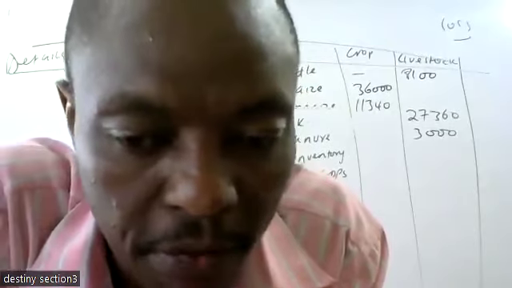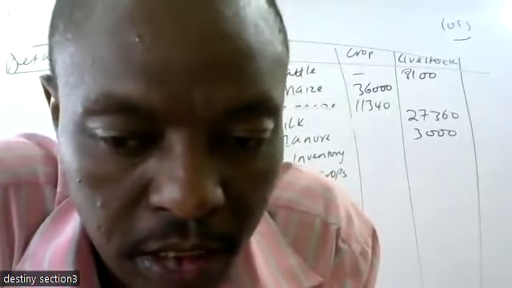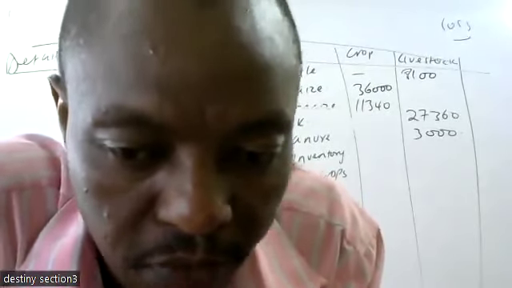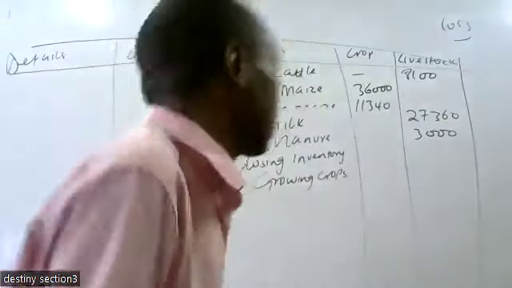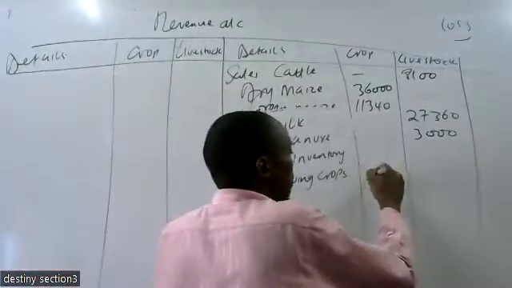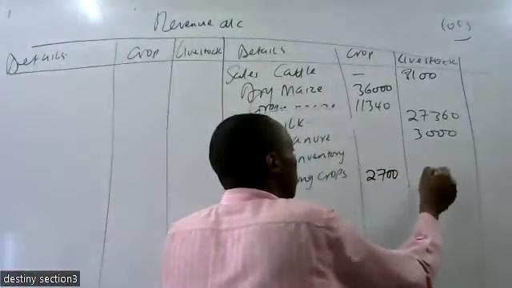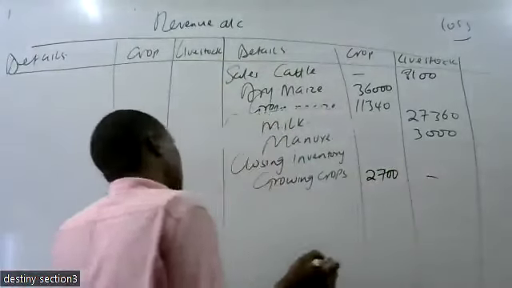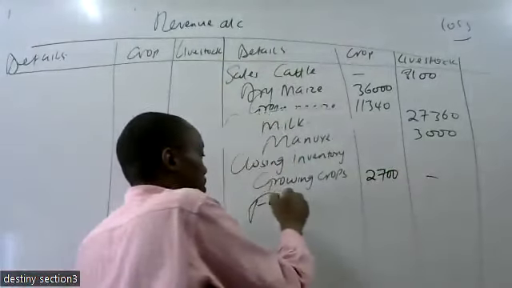If it's not there, we ignore it. We have closing inventory 2,700. It goes to crop account. Then we have fertilizer.